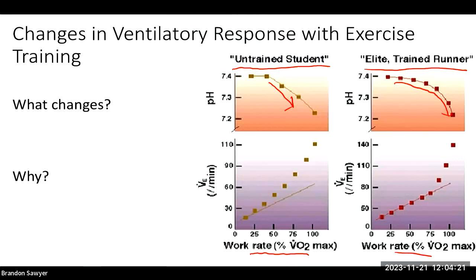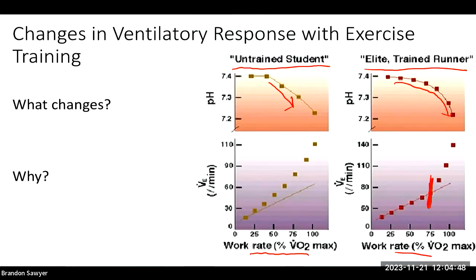What else we say? Go ahead, Quinn. Yeah, they can get to a higher percentage of their VO2 max with less ventilation. Definitely as far as the threshold concept, we're seeing that ventilatory threshold here as well.